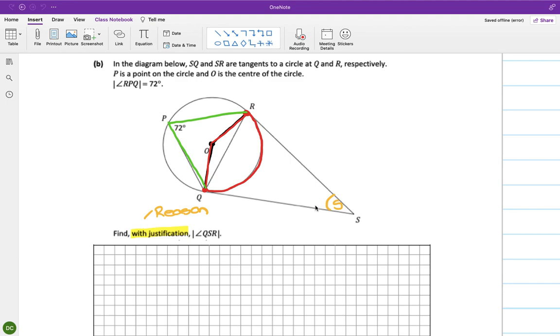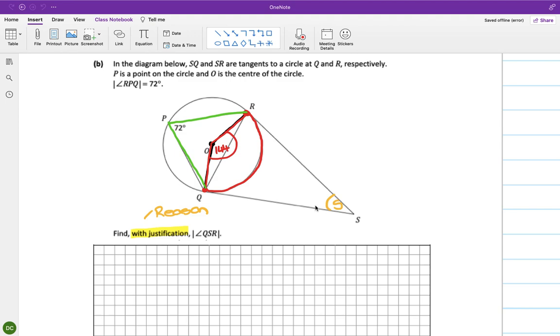So we have a theorem where the angle at the center is twice the angle at the circumference. So this angle is 144 there.